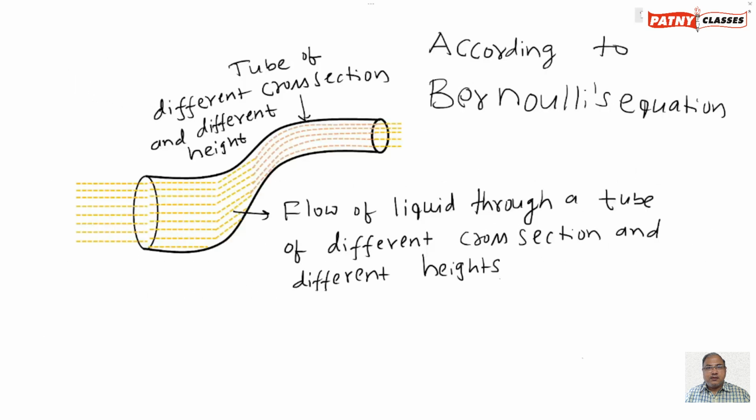Bernoulli's equation is helpful to find the relationship between the three types of energies when liquid is flowing through a tube of different cross section and at different heights.